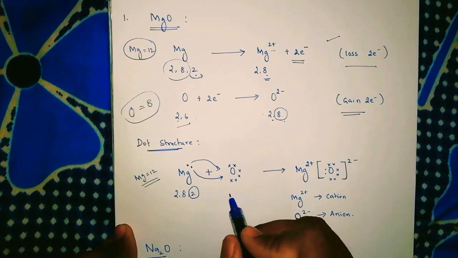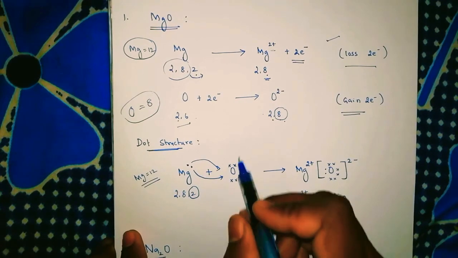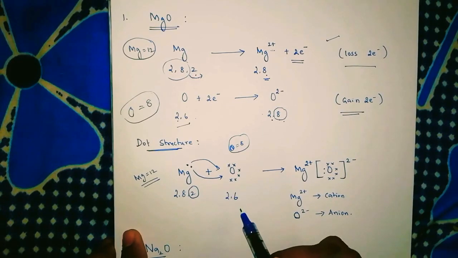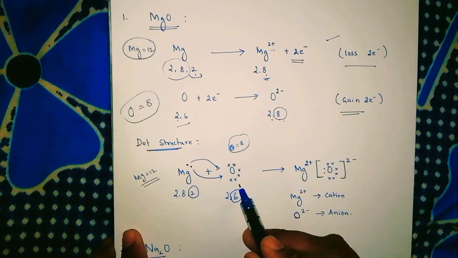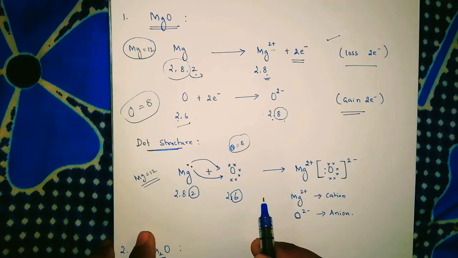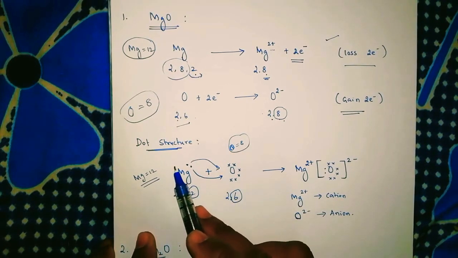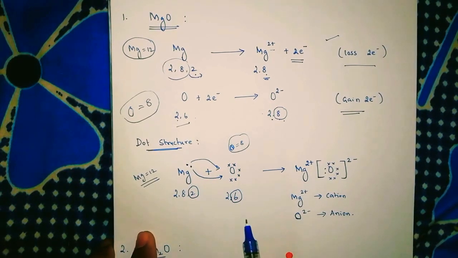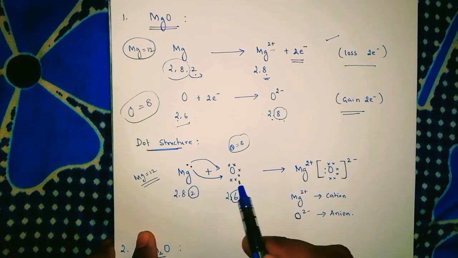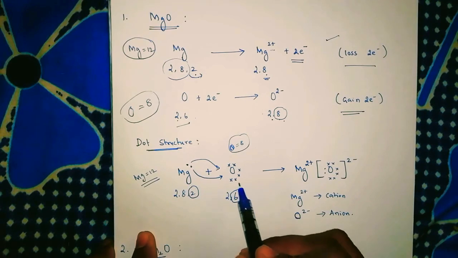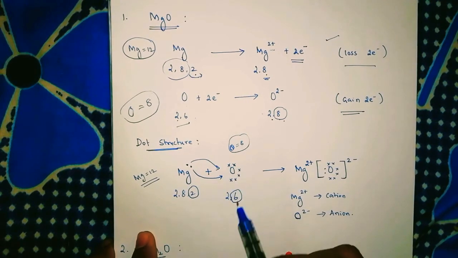Then oxygen, you know, has atomic number 8, so it has 2, 6, that is 6 in the last shell. We mention only the valence electrons, which are very important. You all know that in the 9th standard we learned that electron transfer takes place only in the valence electrons. For magnesium I have written 2 dots, and to mention a different sign, I put a cross mark for oxygen. So 6 electrons: 1, 2, 3, 4, 5, 6.